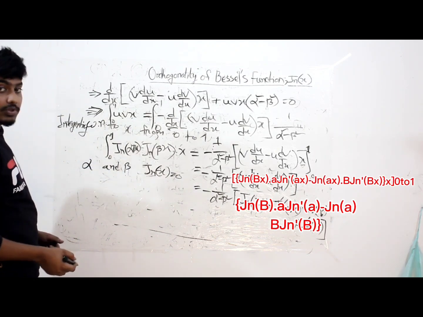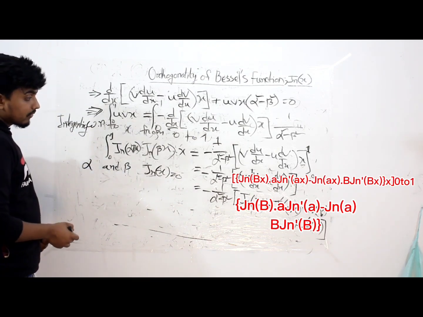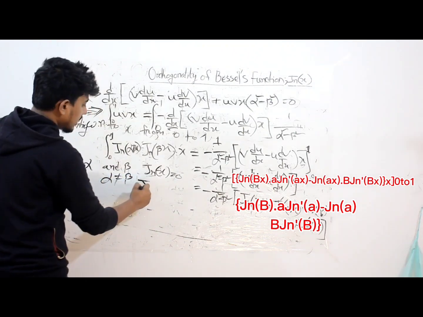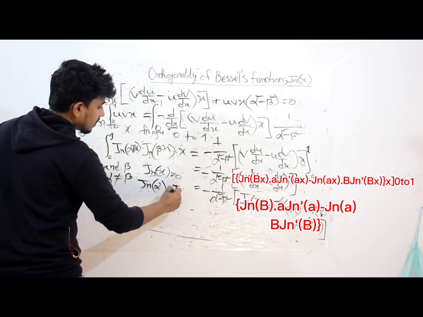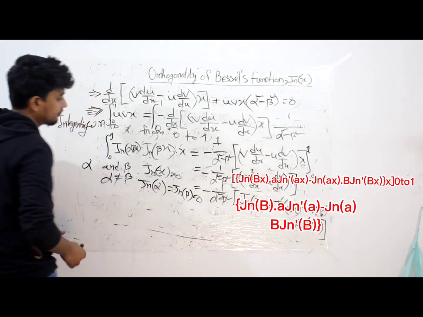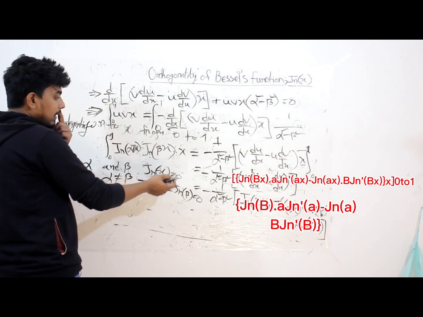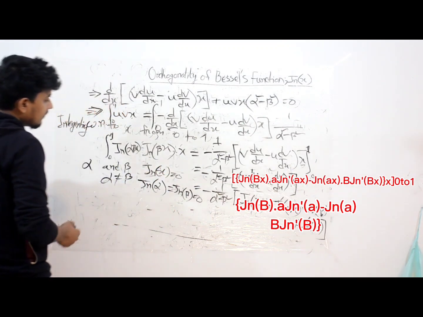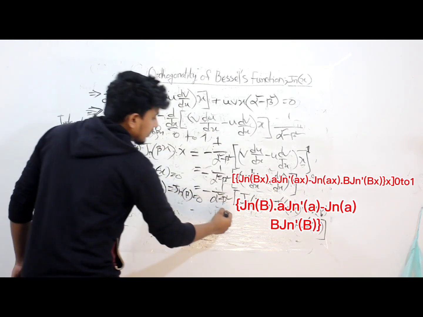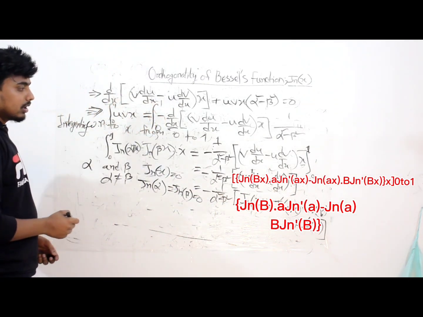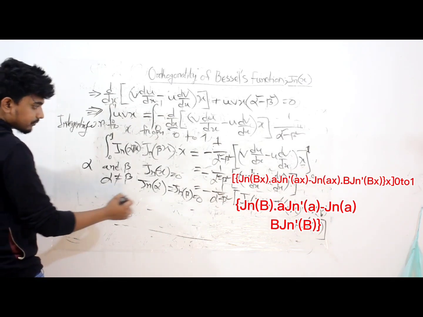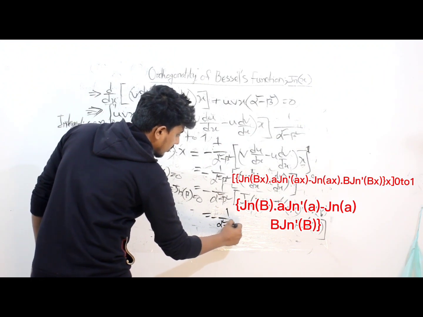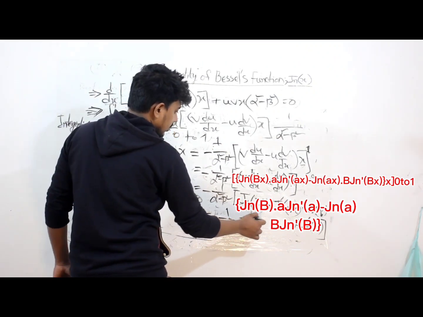If the two roots are distinct, that means alpha not equal to beta, then Jn of alpha equals Jn of beta equals 0. That means alpha and beta satisfy Bessel's function equation. So putting the values of Jn of alpha and Jn of beta into this equation, we have minus 1 by alpha square minus beta square, this term will be 0 and totally it will be 0.